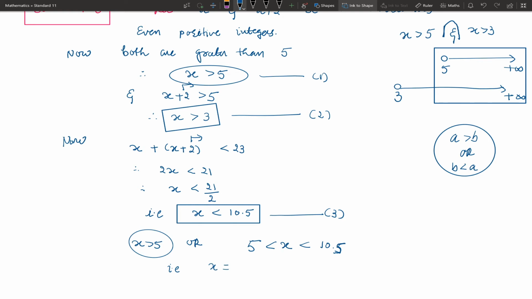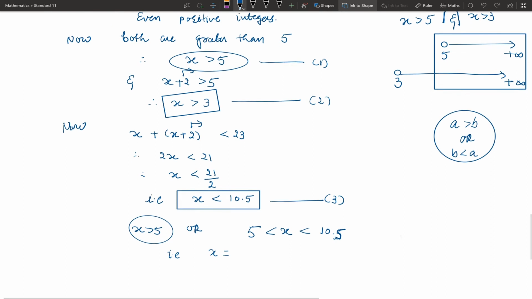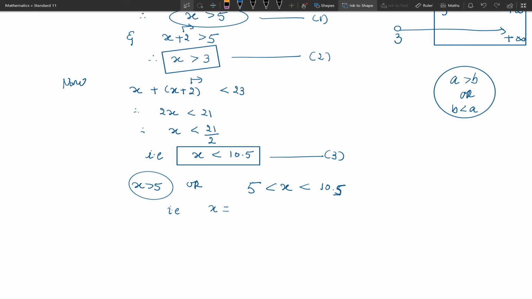Now you note that x is an even positive integer which lies between 5 and 10.5. So the possible values are 6, 8 and 10.